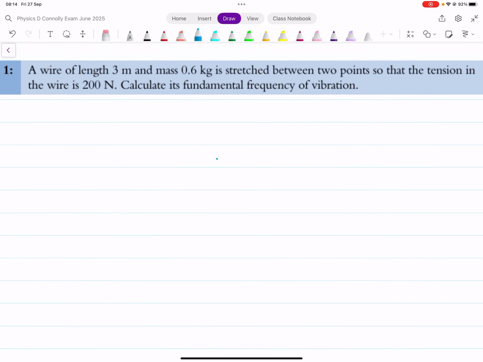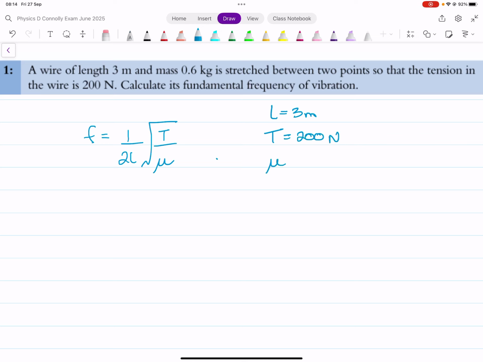So a wire of length 3 meters has a mass of 0.6 kilograms. It's stretched between 2 points so that the tension in the wire is 200 newtons. Calculate the fundamental frequency. So f is 1 over 2L, the square root of T over mu. Okay, so the length is 3 meters. The tension is 200 newtons.